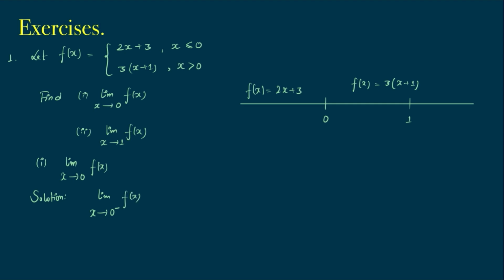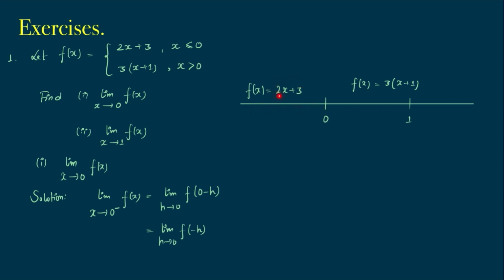As you know the working rule of the left hand limit from the previous video, we have to write limit h tends to 0 of f(0 minus h), and this will be equal to limit h tends to 0 of f(minus h). Since I'm approaching 0 from the left hand side, what is the functional value?